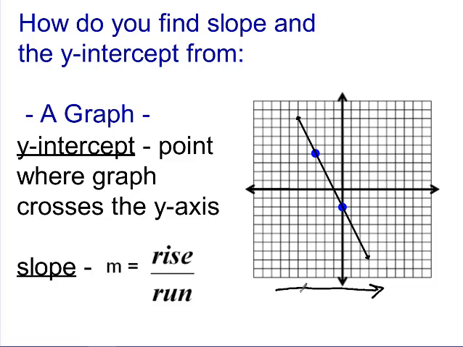So in this one, if we were to want to write the equation of this particular line, we would have y is equal to blank x plus blank. Okay, so the first thing I ask you to look for is this y-intercept, and we just said that it was going to be at -2. So we would write a -2 in that spot. And now we go from this point, the left point, to the right point, and we do our rise over run. Well, in this particular one, it's not a rise, it's a fall. So that tells me that the slope value is going to be negative.